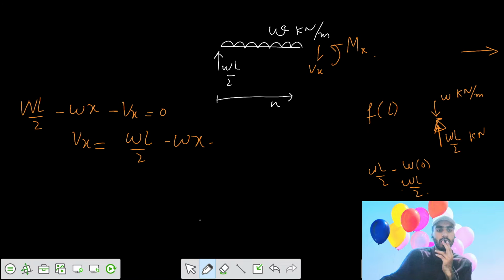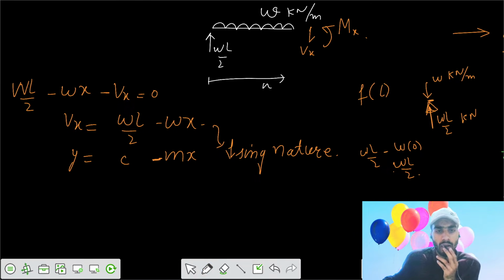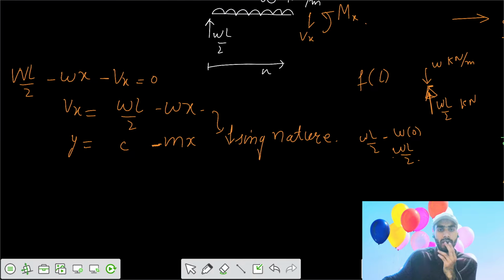So your equation becomes like y equals mx plus c, a line that is decreasing. So we can say shear force is decreasing in nature by varying the value of x.